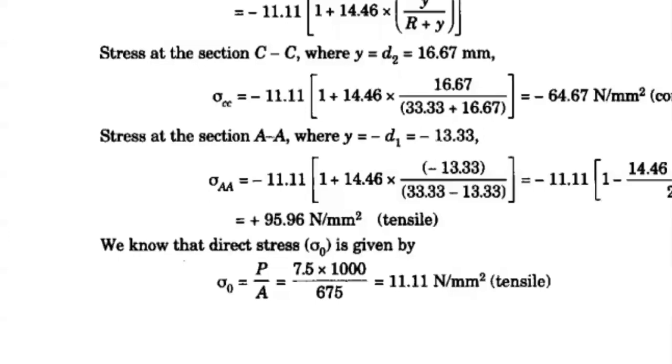In the textbook we have various problems. We already discussed one trapezoidal section, and the next one we will discuss is the circular section, and if possible the I section also.